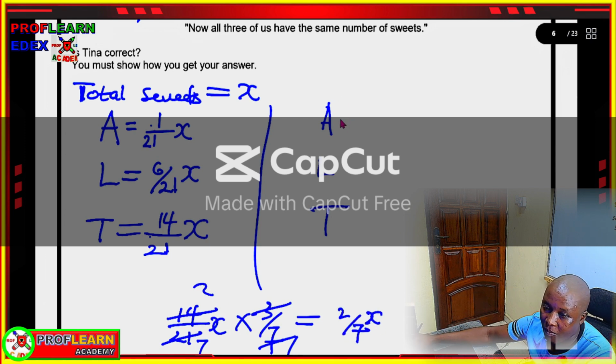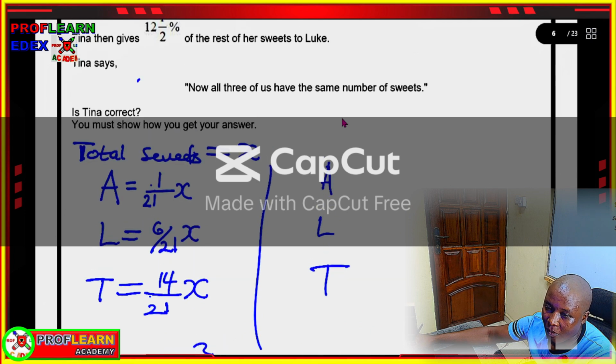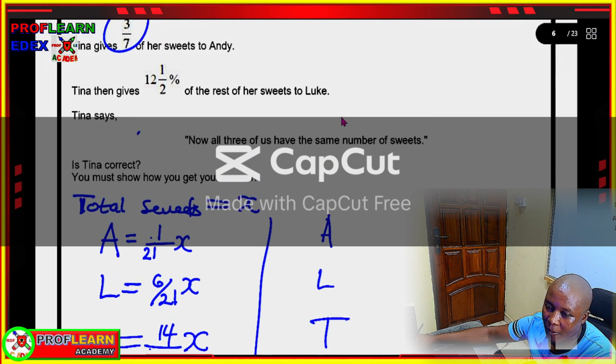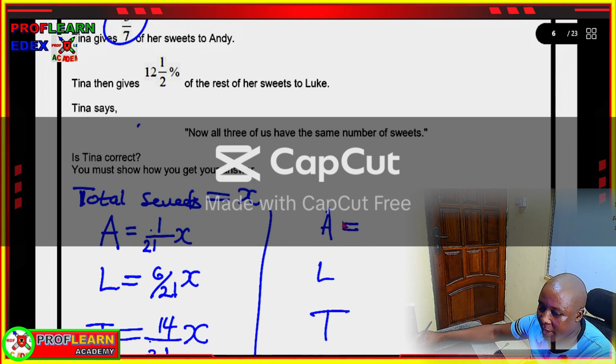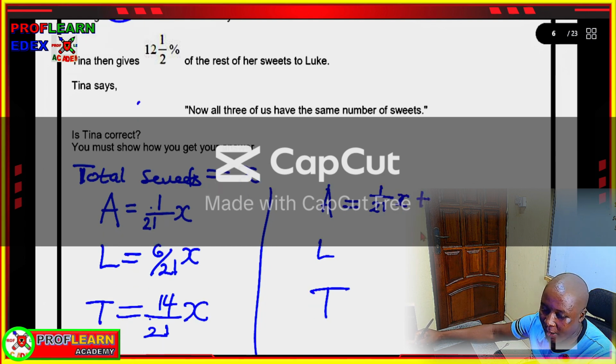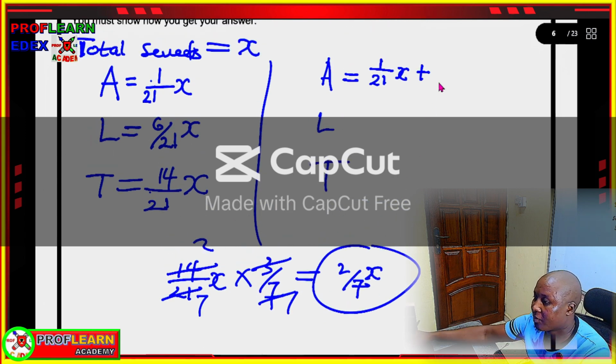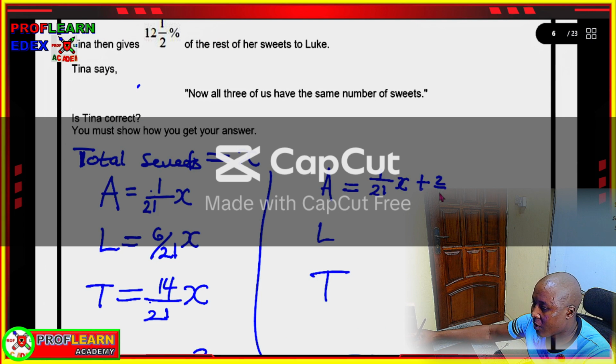So Tina gives her sweets to Hadi, then Tina gives some of the rest of her sweets to Luke. Hadi already had 1 over 21 of x. If we add the sweets that Tina gave, that will be 2 over 7 of x.